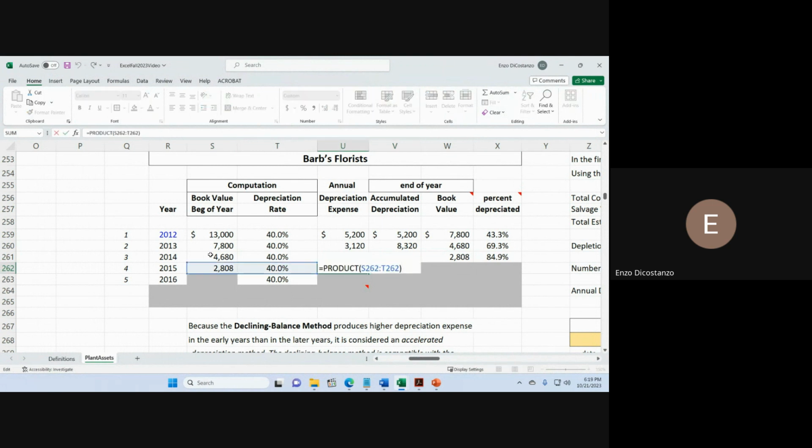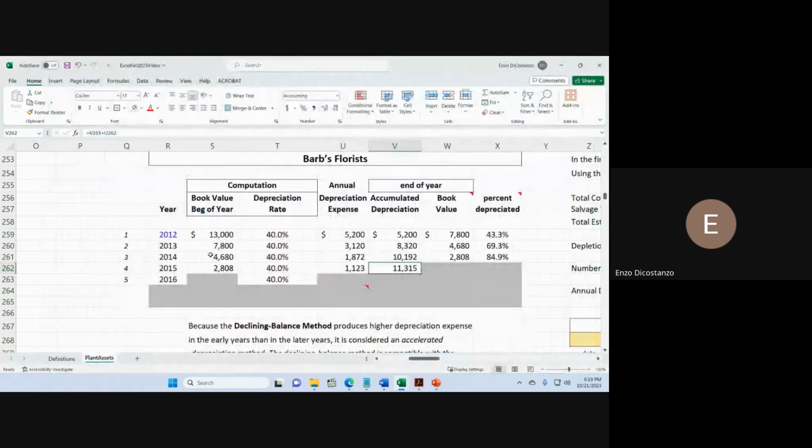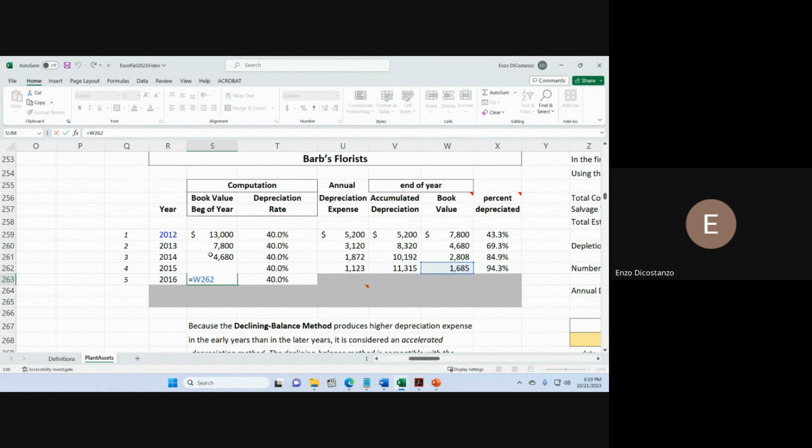This is just the 2,808 from the previous year. Again, accumulated, you're up to 11,315. Book is down to 1,685. And you're down to 94. And this is the starting book value of the next year, the ending book value of the previous year. So that's some good balance sheet math for you.